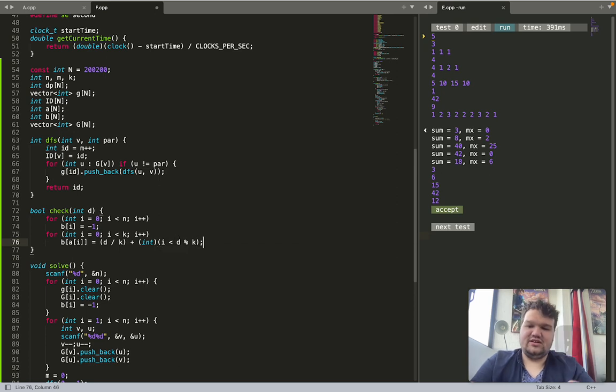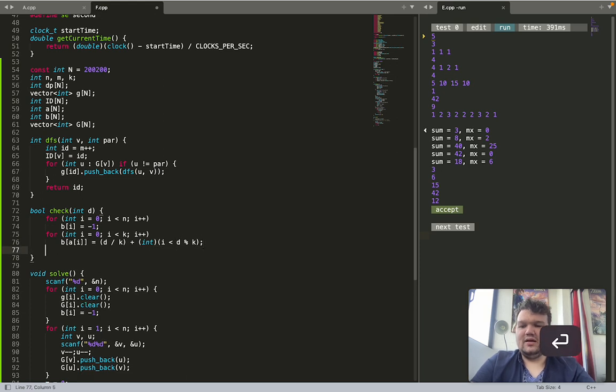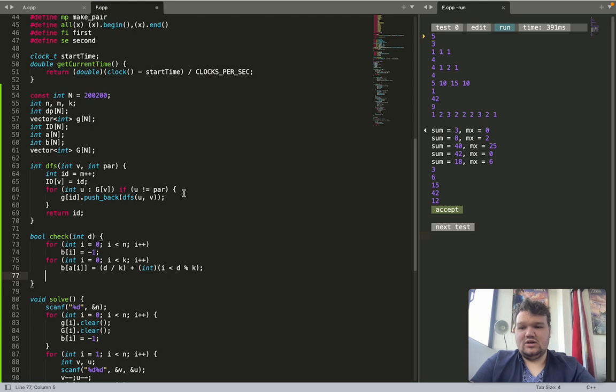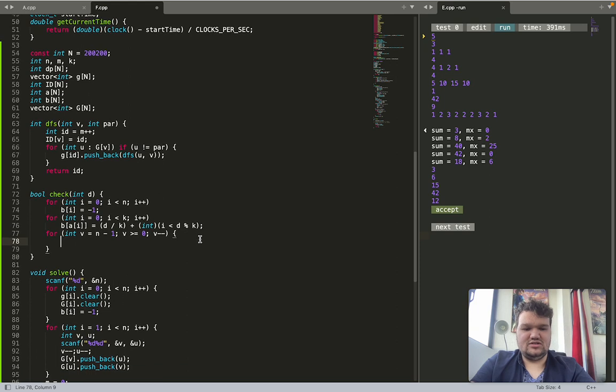So if i is strictly smaller than d mod k, then we should add 1. Okay, and now we just calculate the dp by traversing our vertices in the decreasing order of ID.